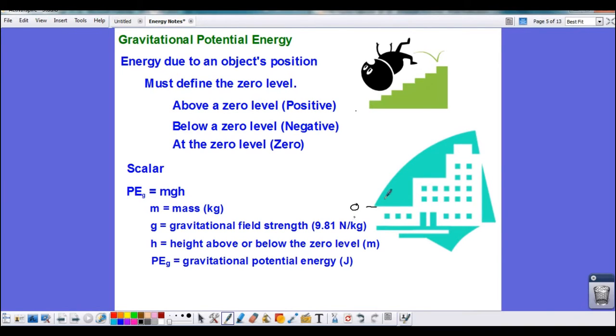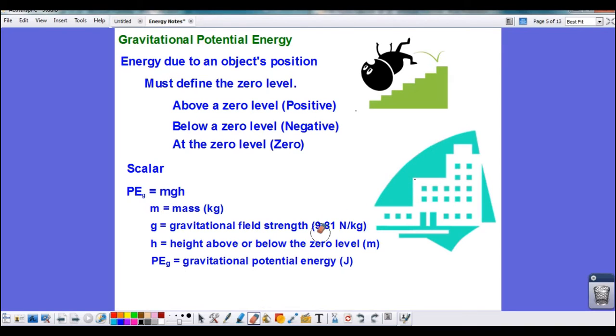So if this is the zero level and I go up to here, you might say that I went up to 5 joules, so it'll have a positive value. If we say the zero level is right here, then when I go down, I'm going to go down to negative 5 joules. What you'll notice is the change in potential energy is the same. If I start here and go down there, I'm going down by 5 joules.